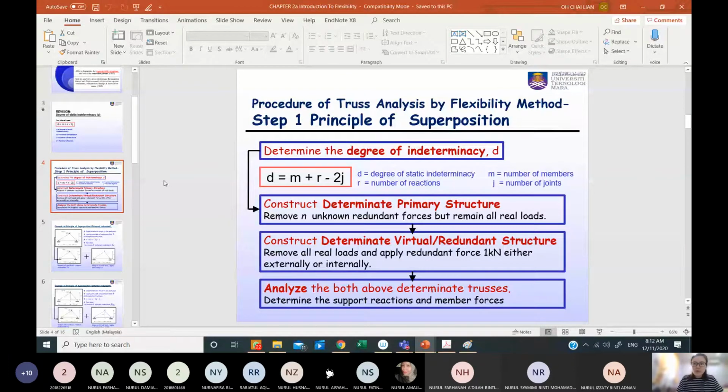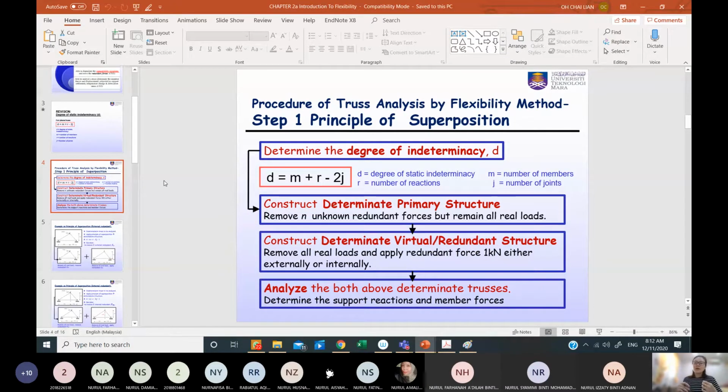Right now we try to familiarize ourselves, because this is a new method for you. We are going to go through a few classes, practicing this procedure again and again, but applied on different types of structure.